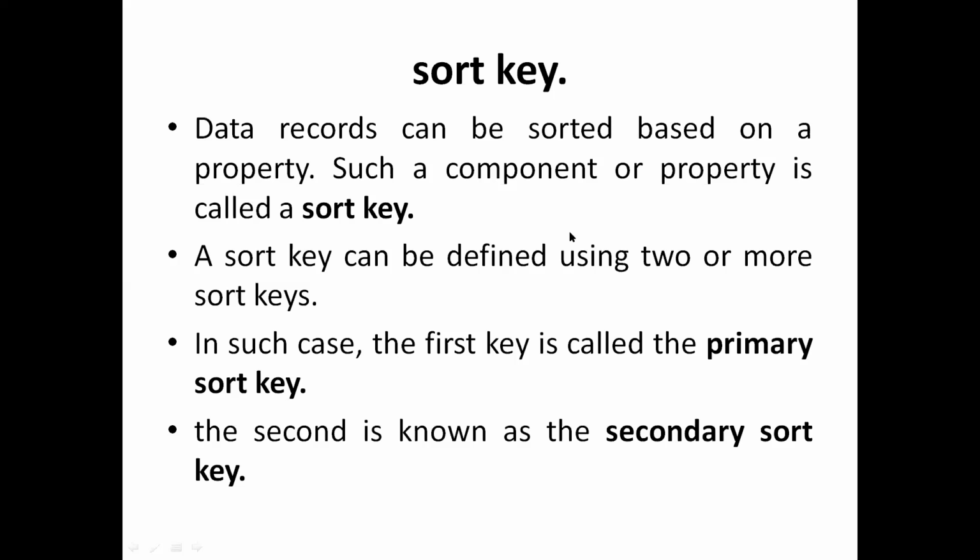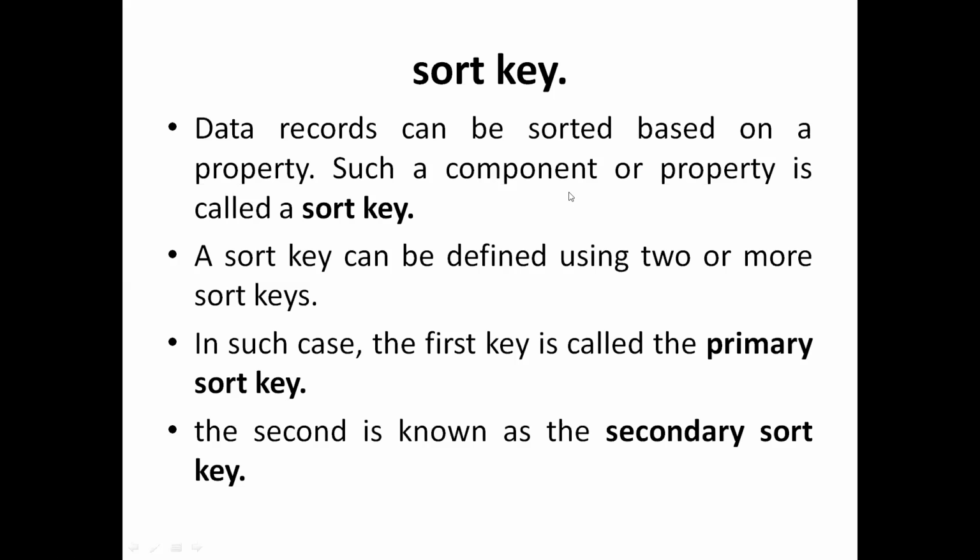There can be more than one key. Why am I saying two or more keys? For an employee record in a company, for a particular employee I can have more than one key. For example, the employee ID is one key, and I can have another key for the record, such as the name of the employee.